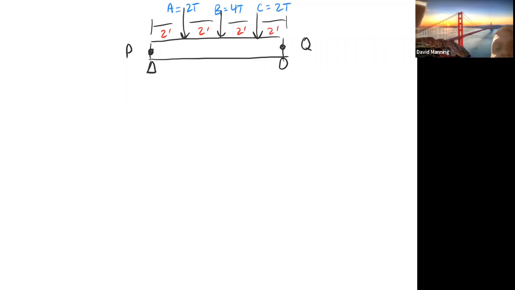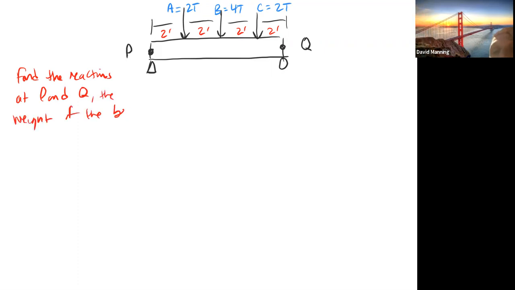And the problem would say something like, find the reactions at P and Q, the weight of the beam is negligible, which means compared to 2 tons, the weight of that beam isn't very much. So the reactions at P and Q, those are what we draw in here, right?